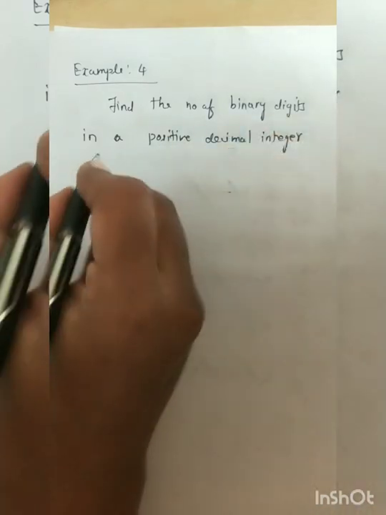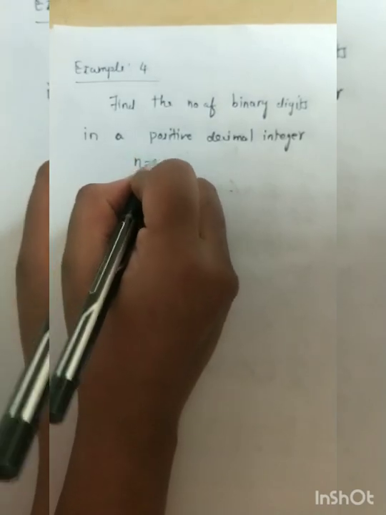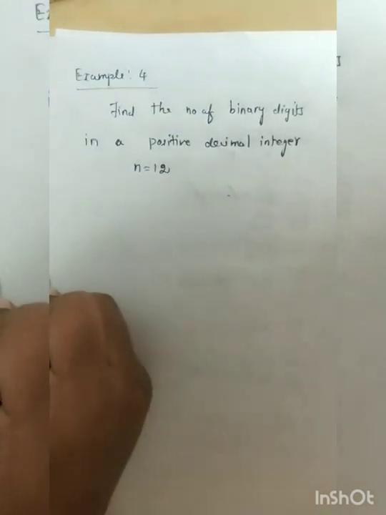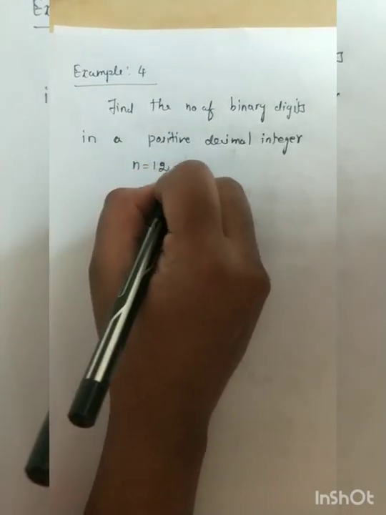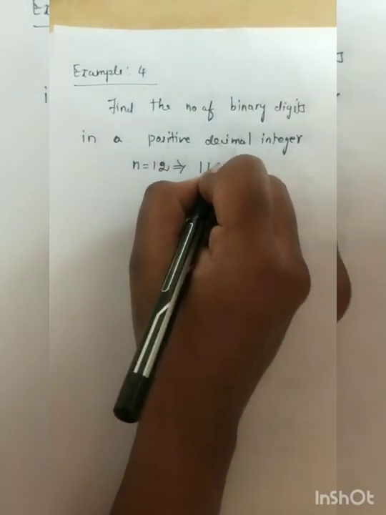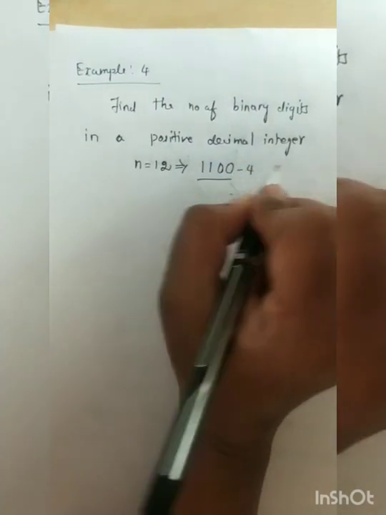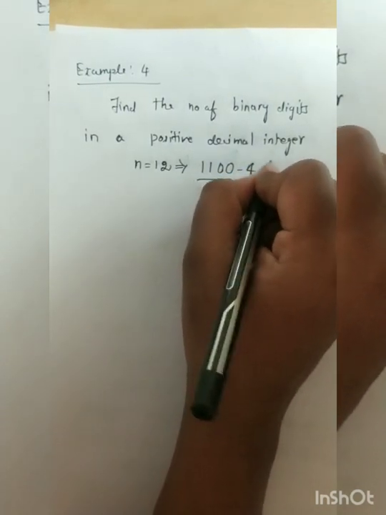I will explain with an example. If I give n equal to 12, how do you represent 12 in binary format? That is 1100, so you need 4 bits.